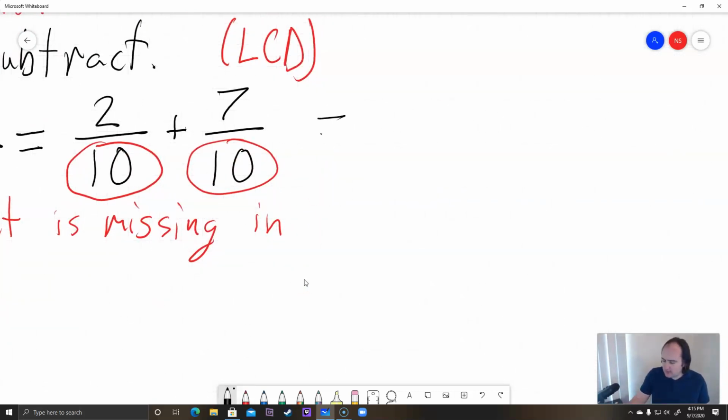So here, we're going to have 2 plus 7 on the top, and then we keep the denominator, which is 10. So we actually have 2 plus 7 all over 10. And then we can simplify this.